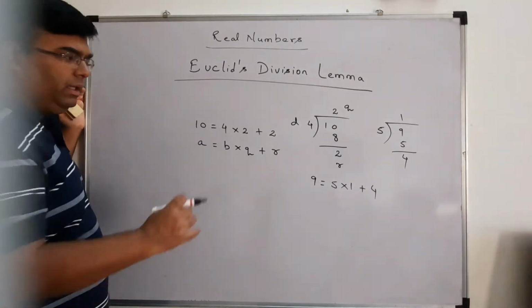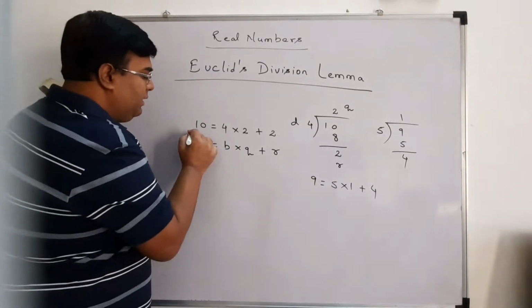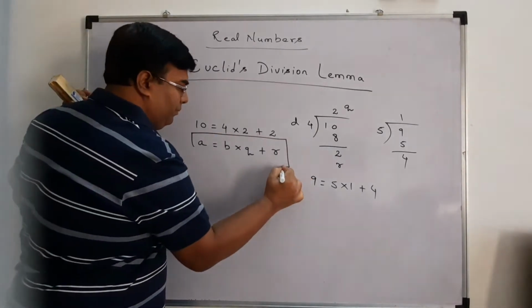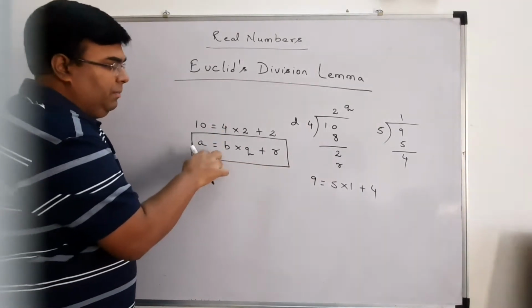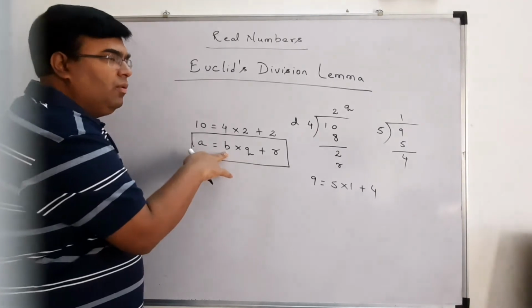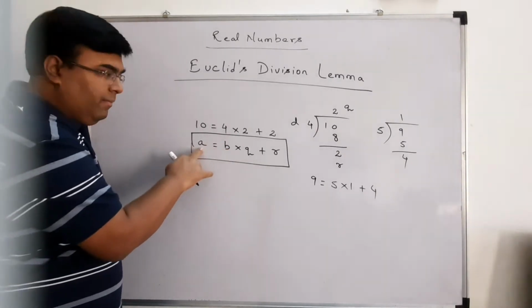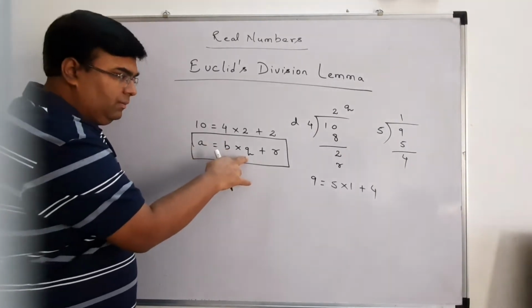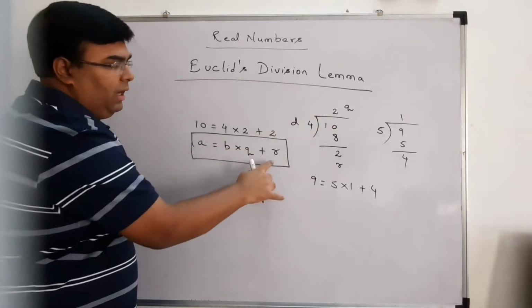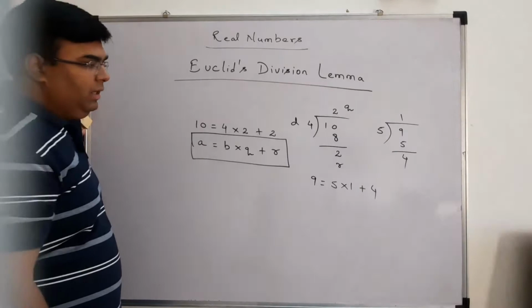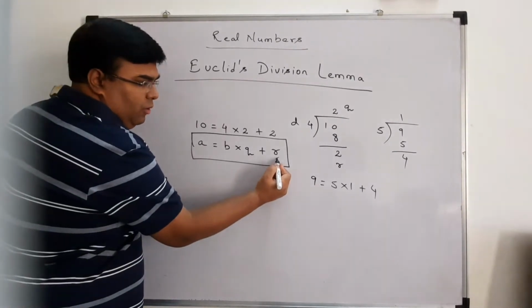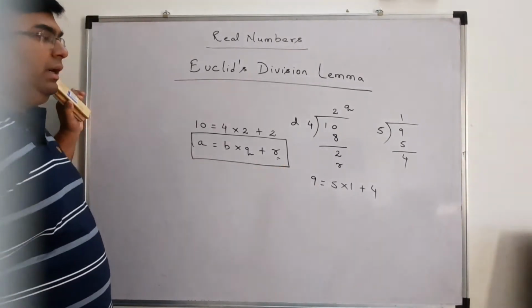So any number we can write in this form, where A is my number, B is the number by which we are dividing A, Q is the quotient, and R is the remainder. Now we need to learn about this remainder in detail.